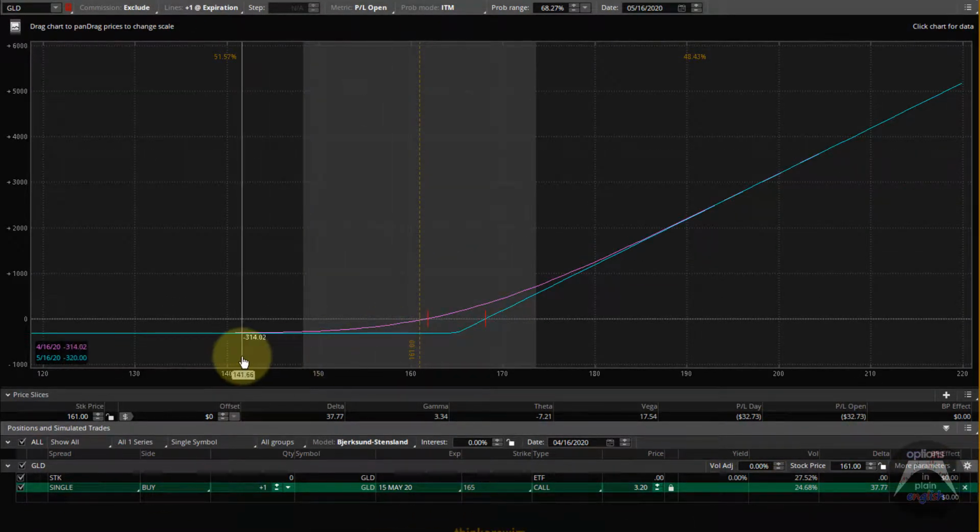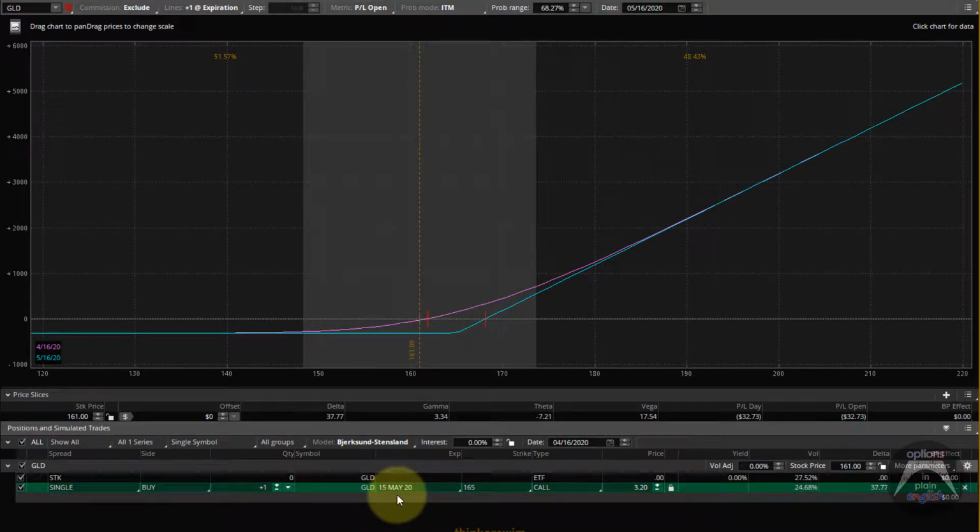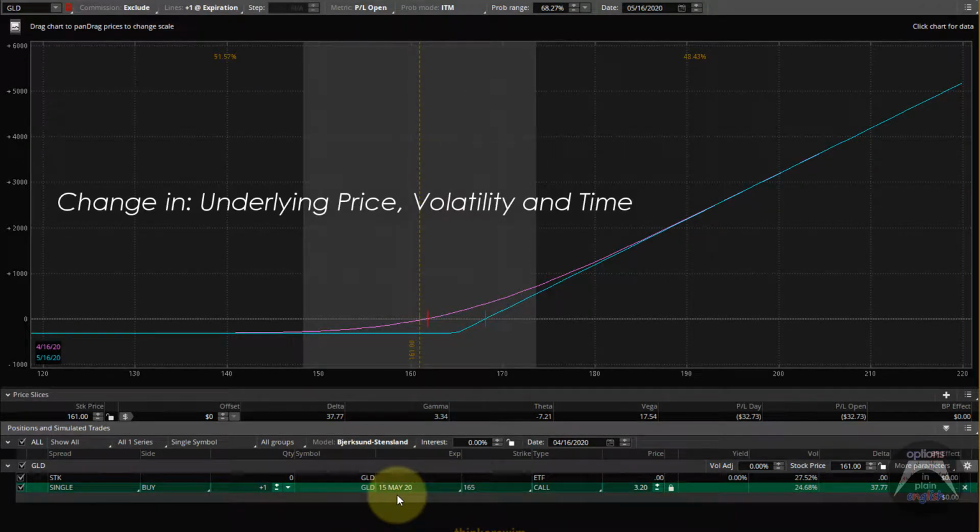Okay, so we have the profit and loss, the risk profile right here. We're long a call, starts kicking in at 165. Okay, so now what I'm going to do is simulate. This is where our trade is. This is our simulation engine. And what we're going to do is simulate a change in price, a change in volatility, and 1 day passing.